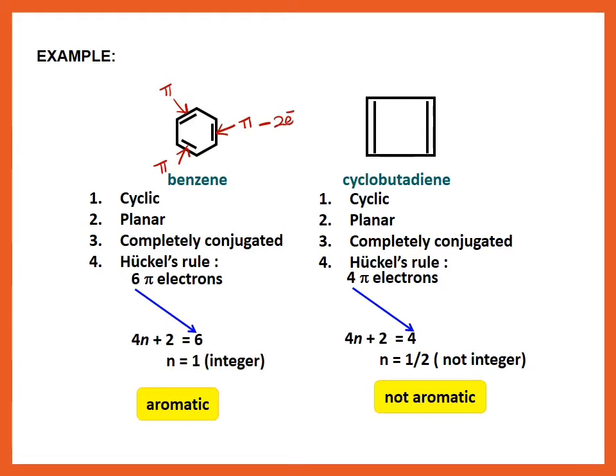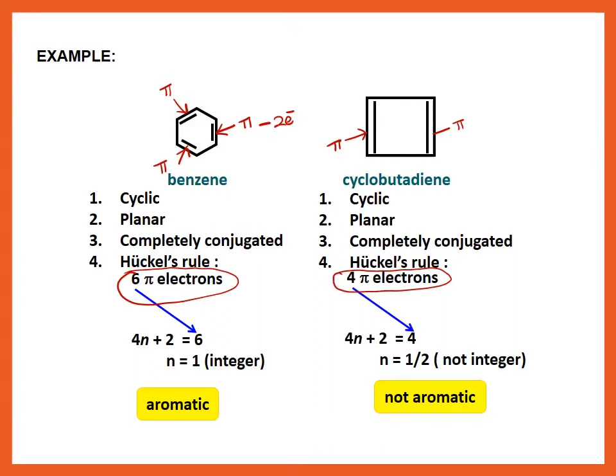So here we have 3 pi bonds, which means the benzene ring has 6 pi electrons, while cyclobutadiene has 2 double bonds here. So here we have pi, here also we have pi. So the total pi electrons here is only 4.